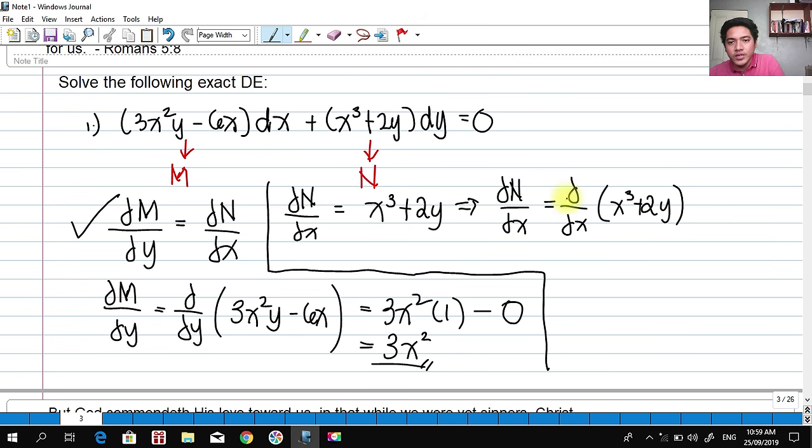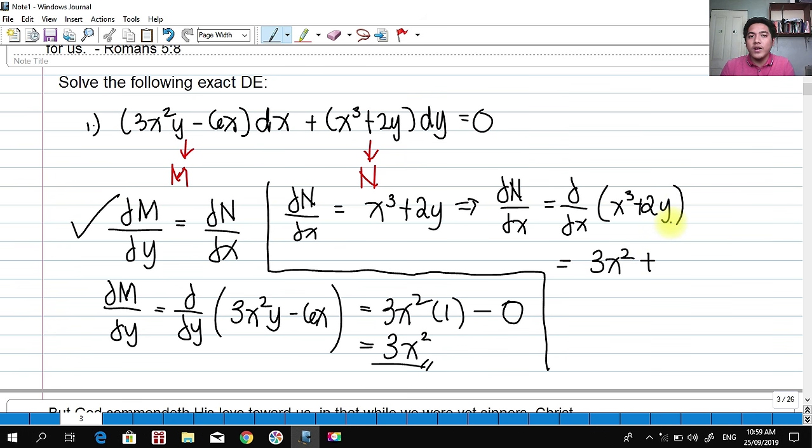Okay? So what will happen? We are differentiating with respect to x. So any other variables other than x is considered as constant. So in this case, if we differentiate it with respect to x, this should be 3x squared. Plus, we have a 2y here.